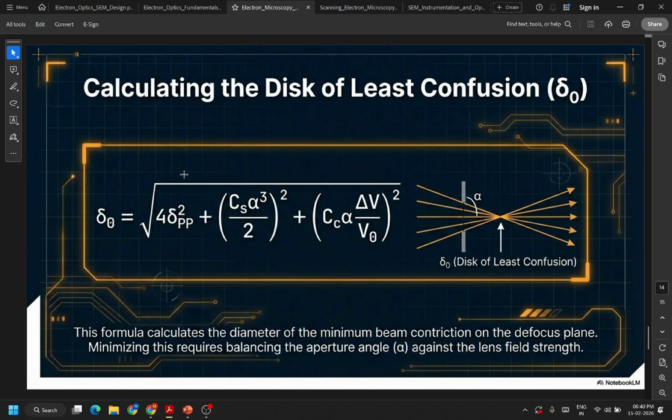And once you put all of them together, if you put the formula for that, you will get Cs alpha cube and Cs alpha delta V by V naught. So you have to balance your aperture angle versus your field strength to get the optimum, to get the minimal disk of least confusion.